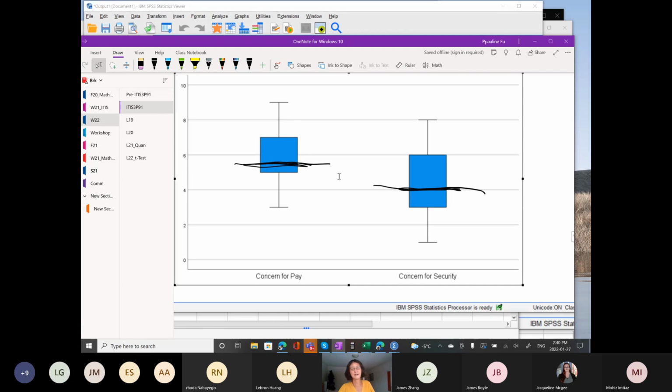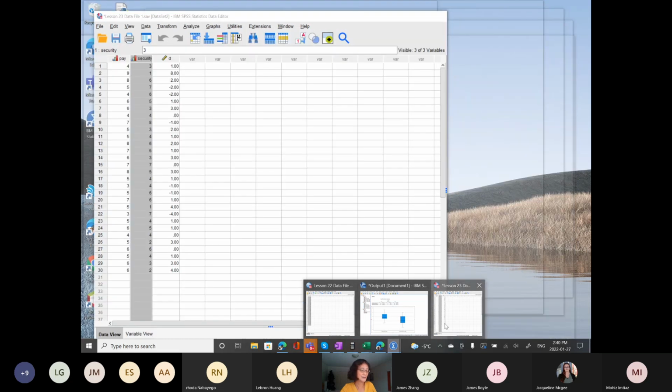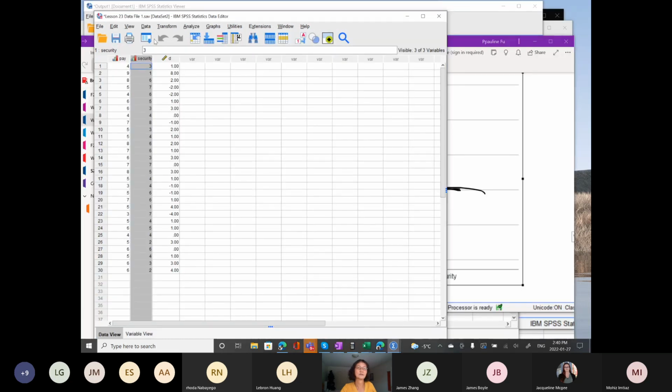So this is paired samples. Next lesson, lesson 24, is the independent samples test. So we are going to open the data file for lesson 24.